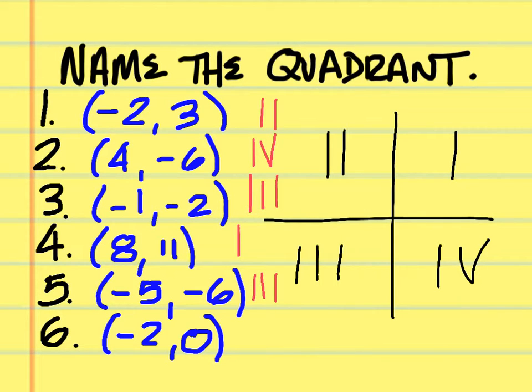And Ward, where is -2, 0? Which one is it in? It's in none of them, right, because if you have a 0 in your point, it's going to fall on an axis. So it should be none.